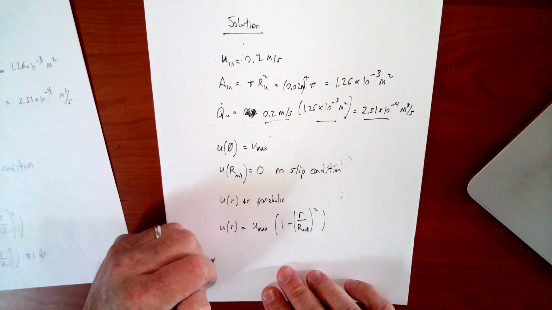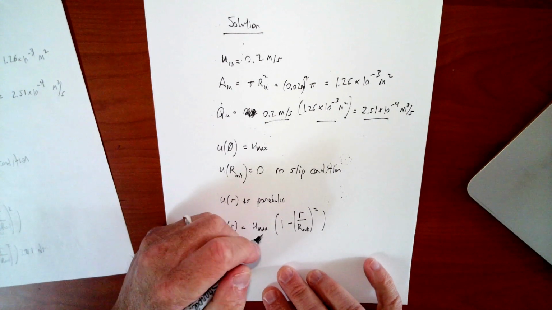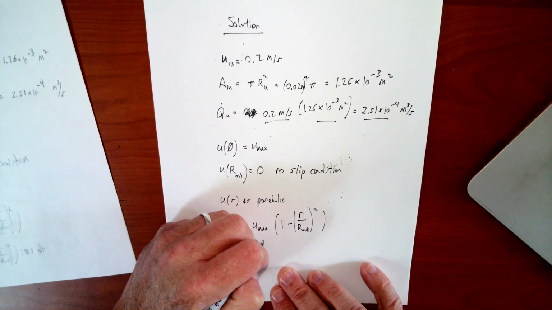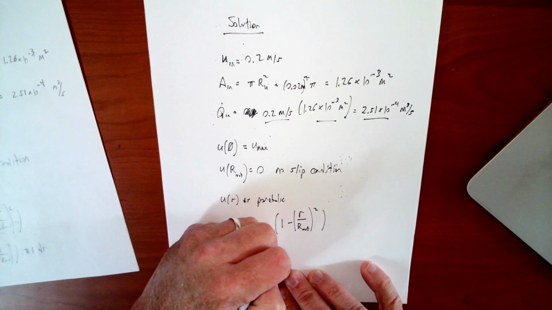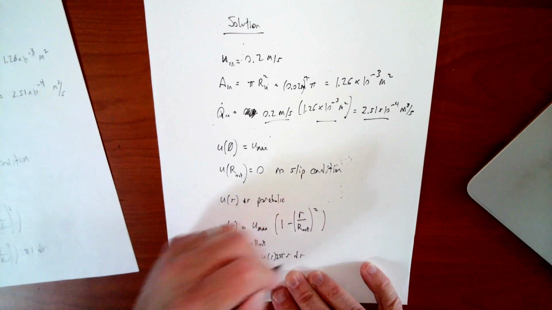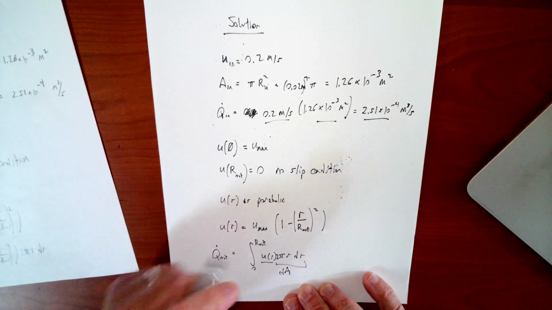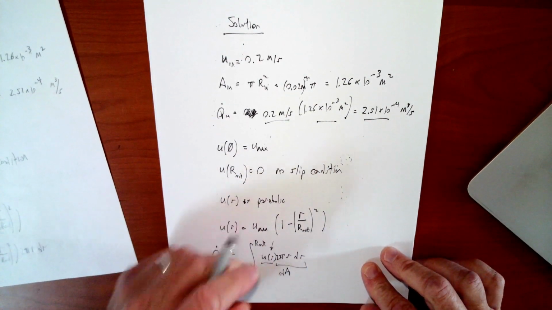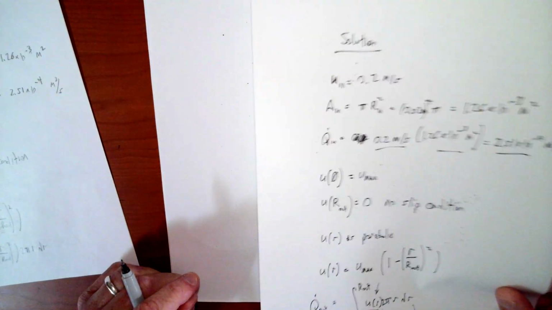Now, we determined already in the prior lecture that the total Q dot out was equal to this integral from 0 to the maximum radius of U(r) 2 pi r dr, where this 2 pi r dr was the dA, and this is our U. So we're going to plug this U(r) into that and then take that integral, or at least that's our hope. Hopefully it'll be a solvable integral.